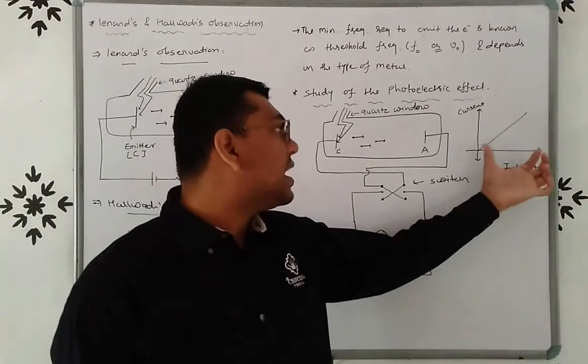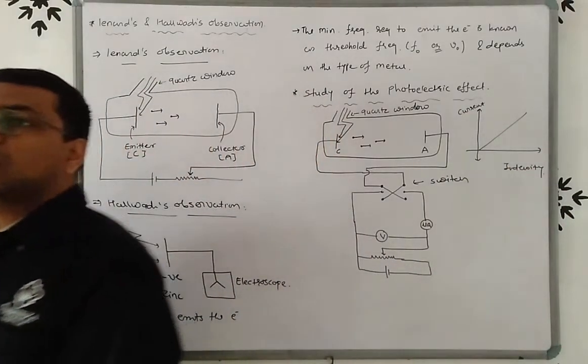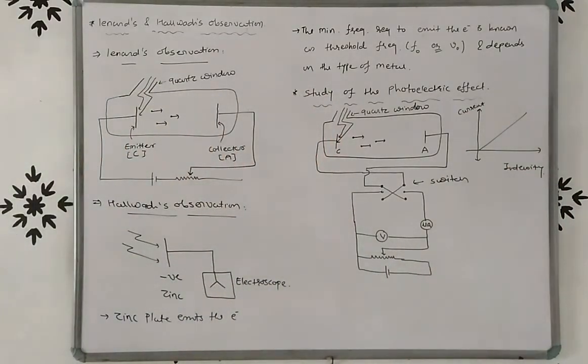So this is the graph of current and intensity, right? So the first study was carried out between the intensity and current. So here the graph will be like this. So we can say that the photoelectric current is directly proportional to the intensity, right?